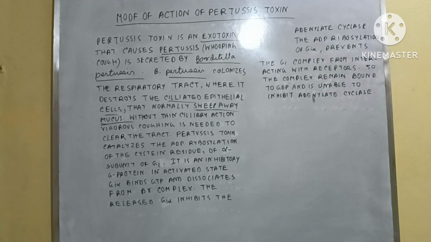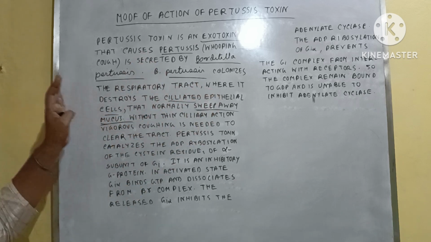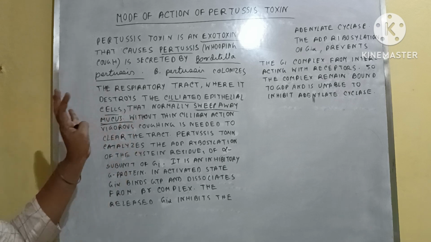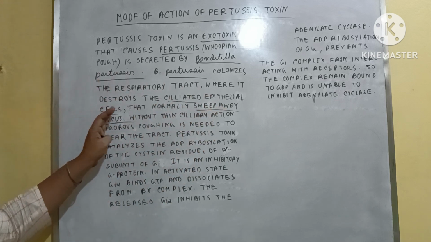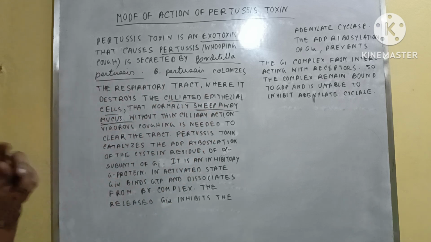So its function is that any mucus that is stored within a particular area of the respiratory tract, these ciliated epithelial cells always try to sweep away along the tract.